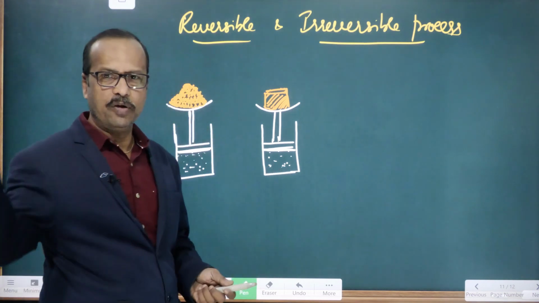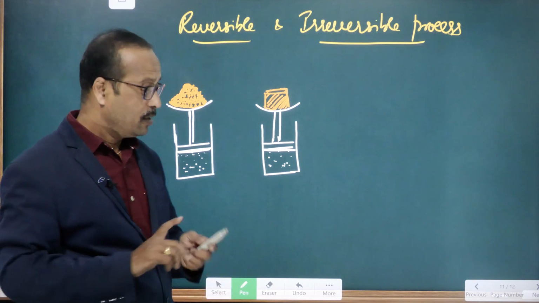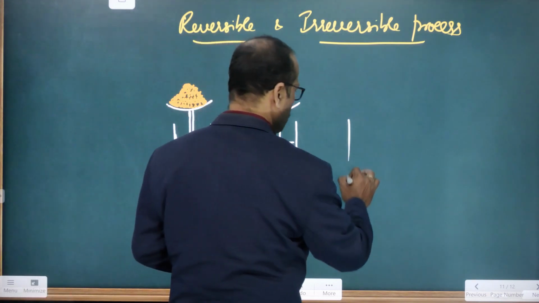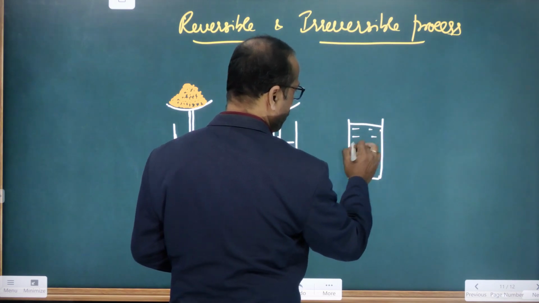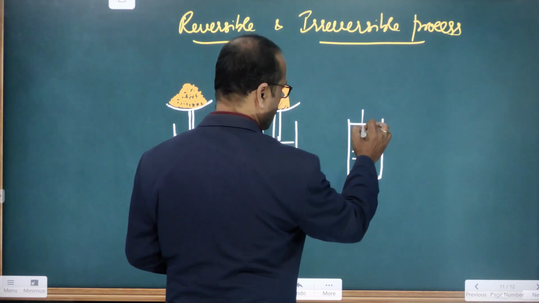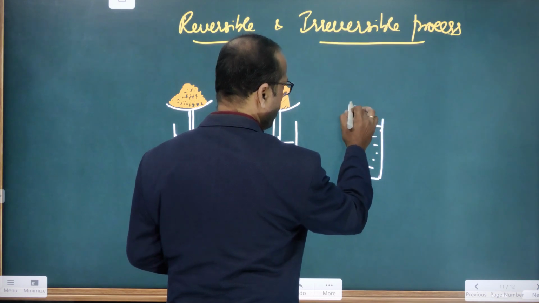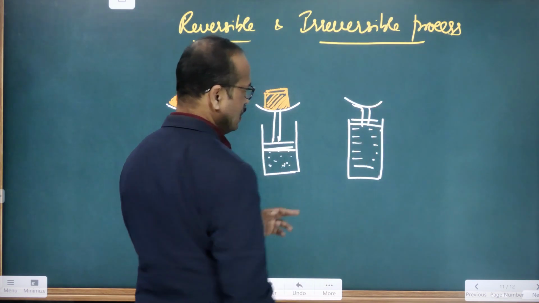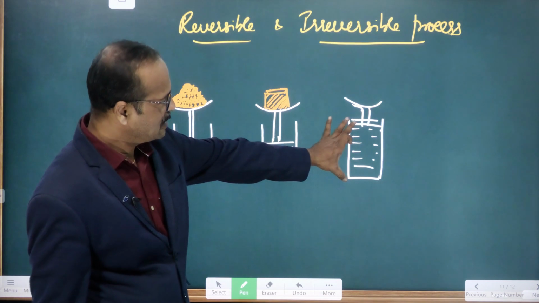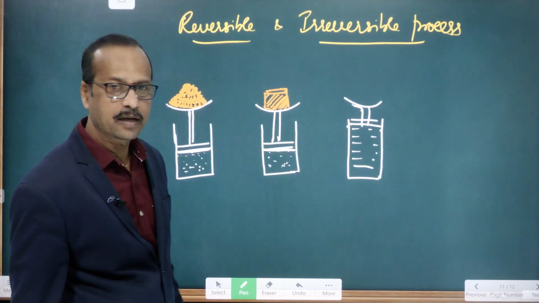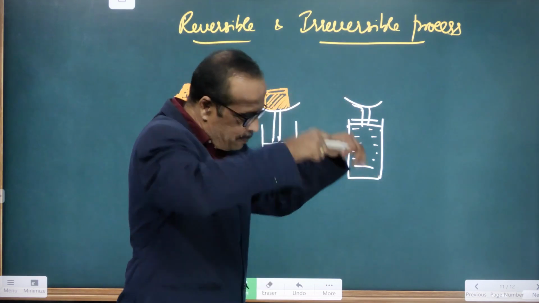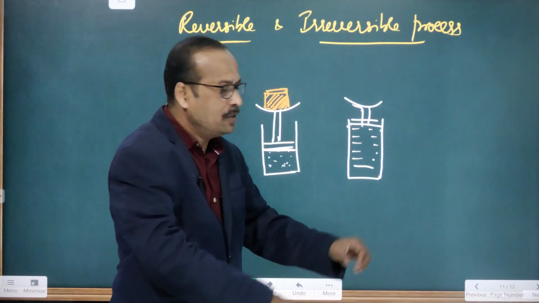Now for example, if I remove the weight, you think like this. Here it is a cylinder and the gas is up to here, and I kept a piston. If a normal piston is there like this, the gas is up to here. Now if I apply pressure on this, what happens?